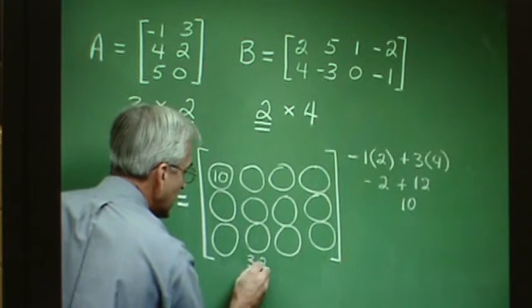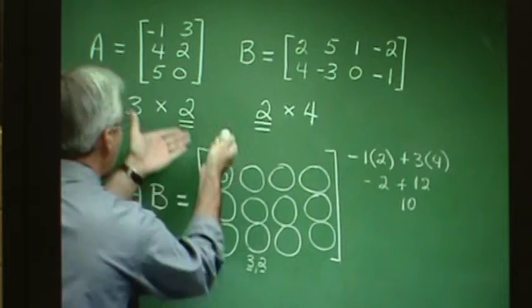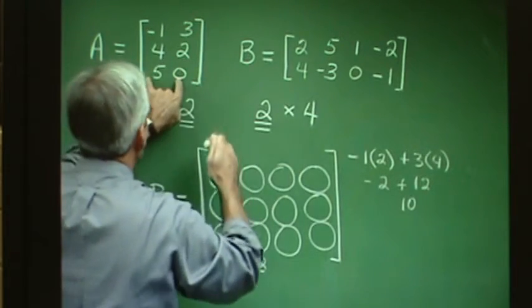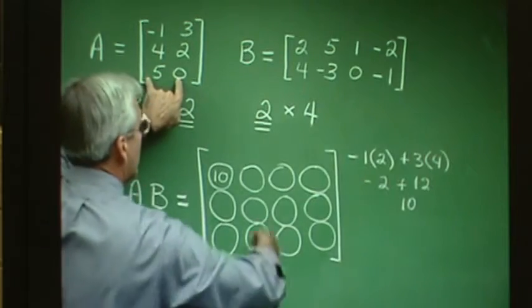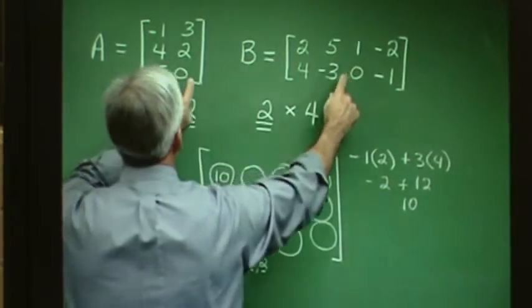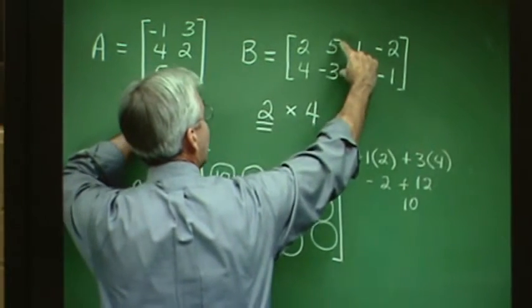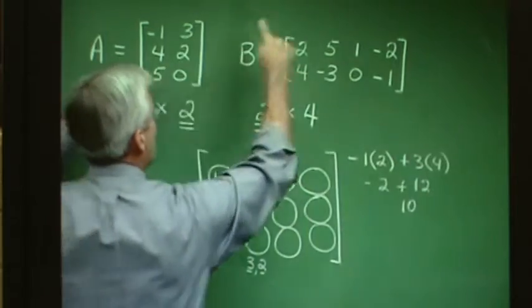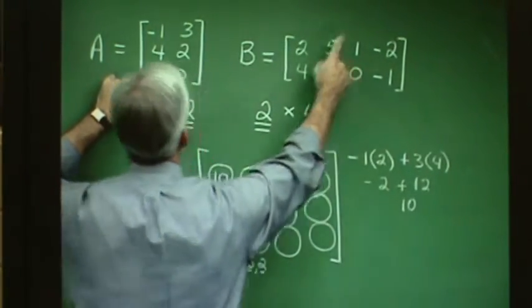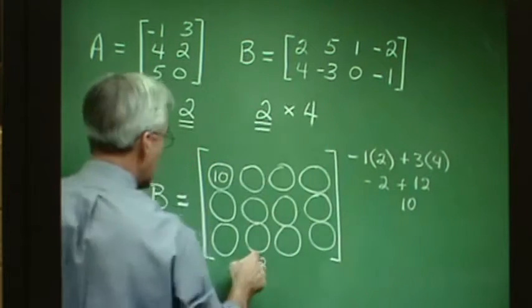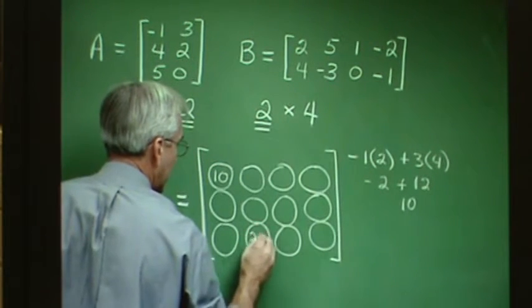Now we use this information to go up here and identify third row, second column, these two. So we're taking these two entries and we're multiplying times these two entries in a particular way. It's 5 times 5 is 25, plus 0 times -3 is 0. So this entry turns out to be 25.